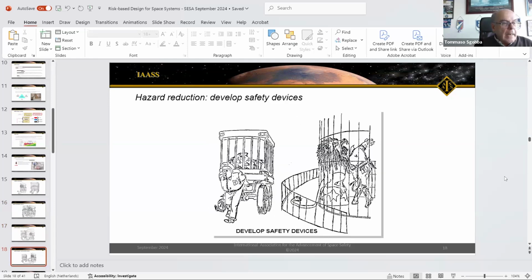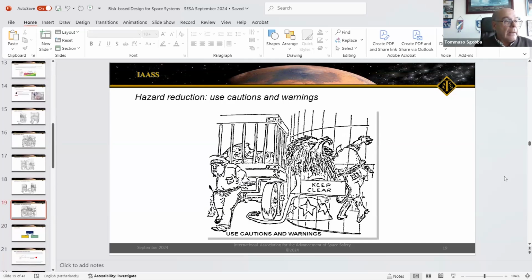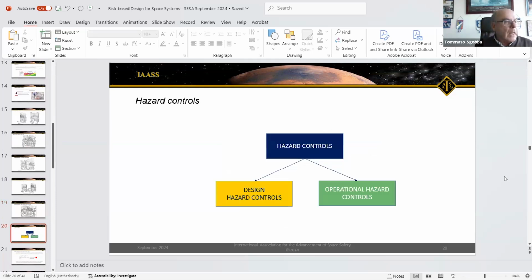Or you create a fence such that even if the tail comes out of the cage, there will be no way you can squeeze it. And then you can have a sign saying keep clear, so providing information to the operator of the cart to behave in a way of avoiding the condition of the hazard.